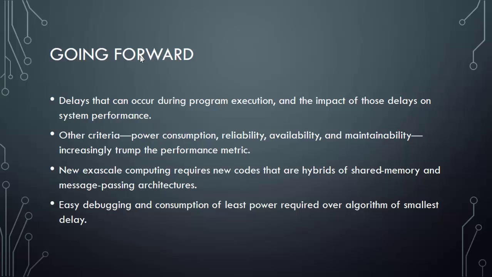The largest system now at Argonne has 750,000 processor cores, and one researcher predicts that the arrival of exascale computing, in which a single application runs on from 100 million to 1 billion threads, will require new codes that are hybrids of shared memory and message passing architectures.